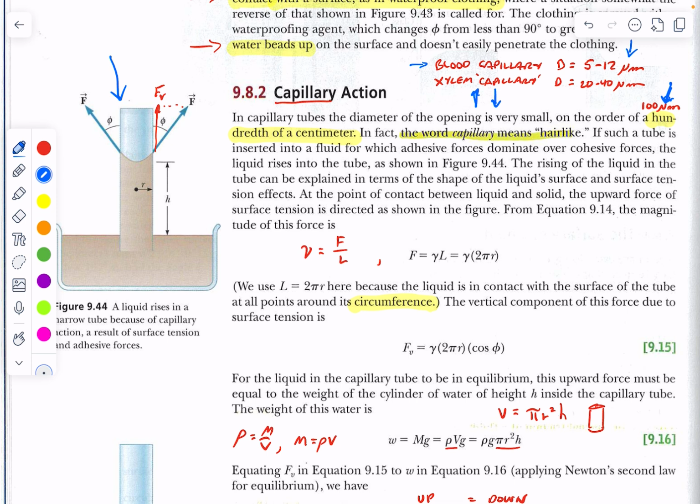So that would be the phloem, P-H-L-O-E-M. Maybe you studied that in biology. The xylem and phloem tubes make up the capillary system inside plants. And those are from 20 to 40 micrometers. Much, much smaller than the ones that we typically use made out of glass, which are 100 micrometers.